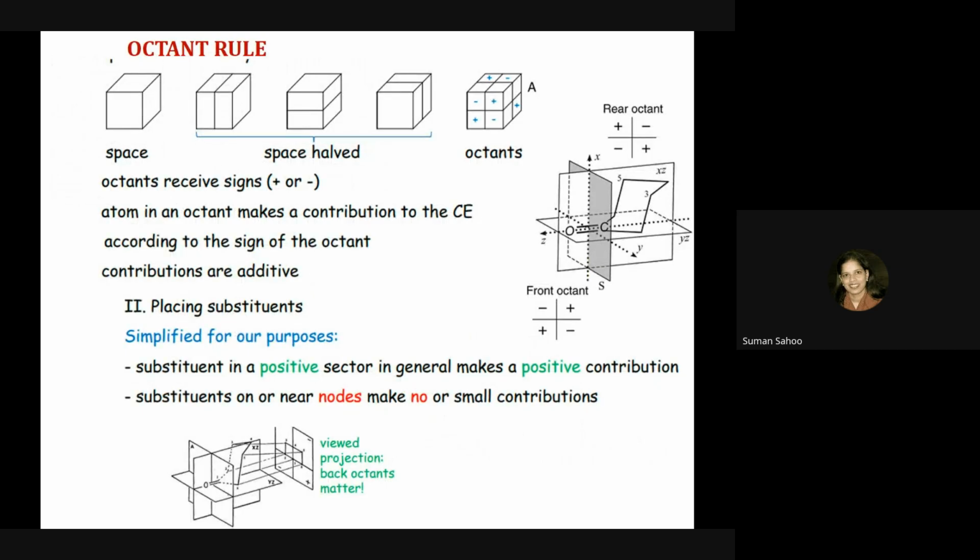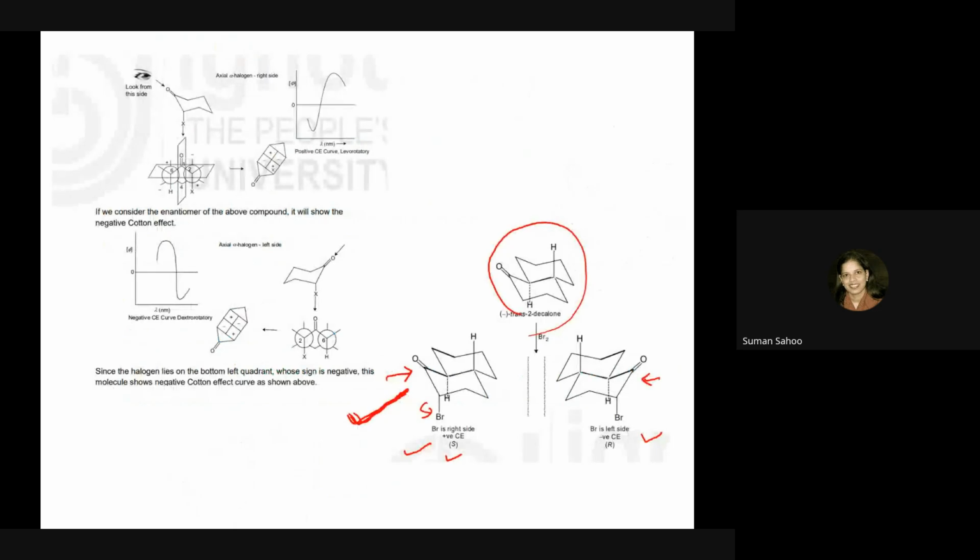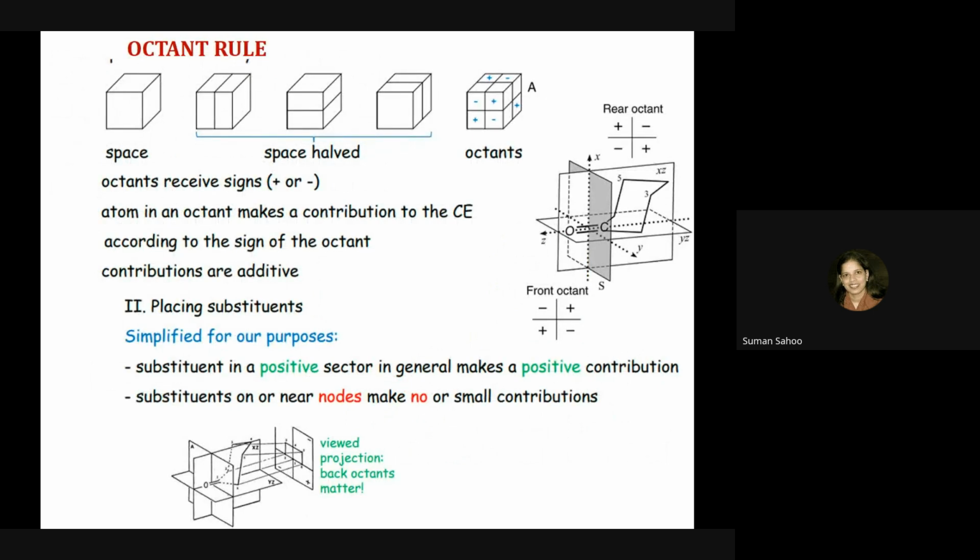So next is the octant rule. In the previous rule, we have just considered the halogen substituent when it is present at position number 2. But in the case of cyclohexanones, when you have other substituents present at other positions, we can have 5 different positions, and again you have equatorial and axial positions.